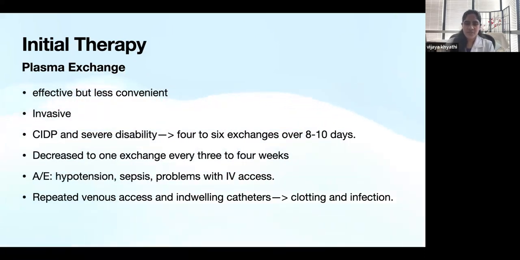If the patient is improving well, the exchanges are decreased to 1 exchange every 3 to 4 weeks. Adverse effects are hypotension, sepsis, and problems with IV access. As the patient has to undergo repeated venous access and catheters, he may have adverse effects like clotting and infections.